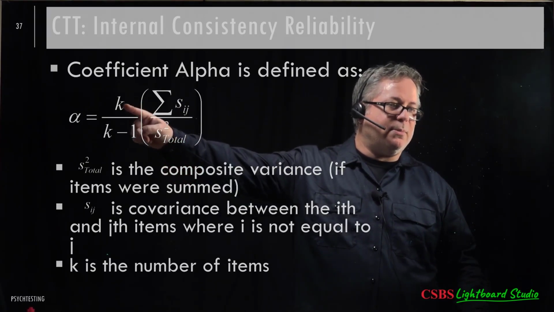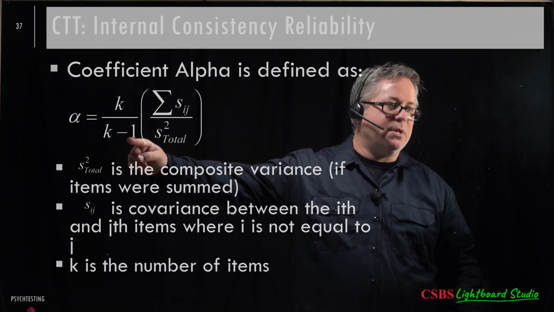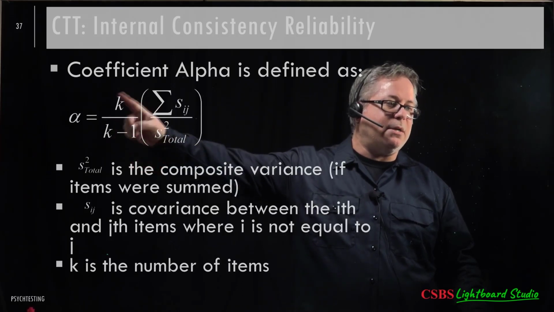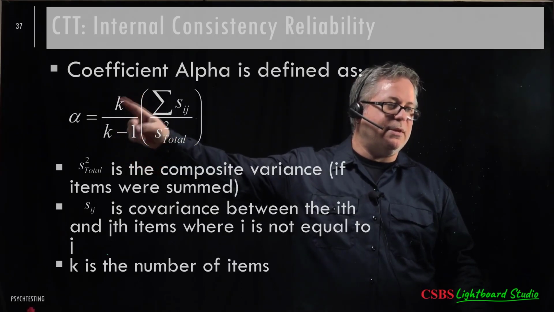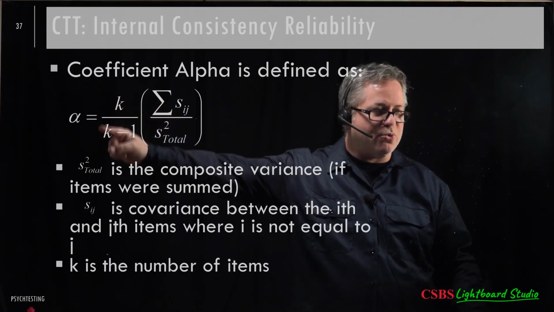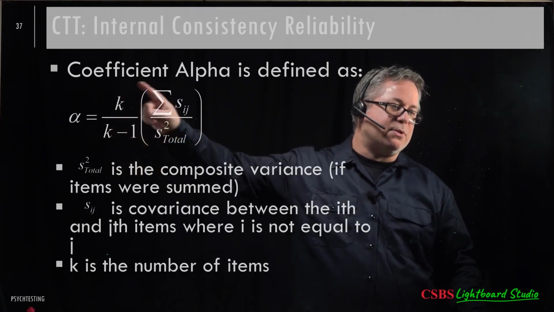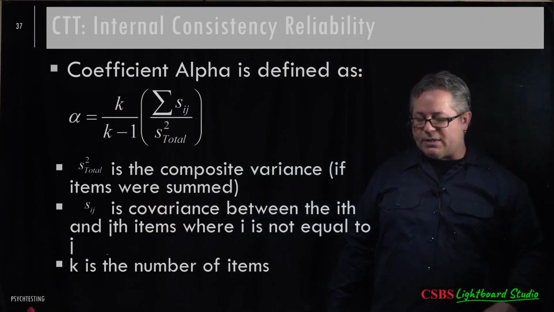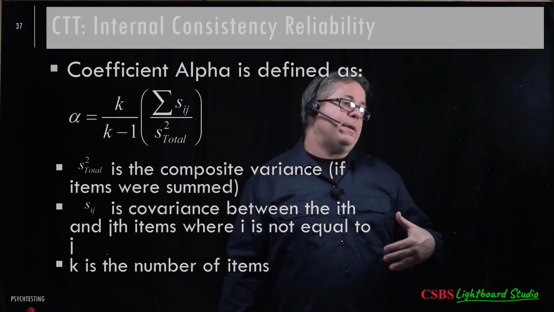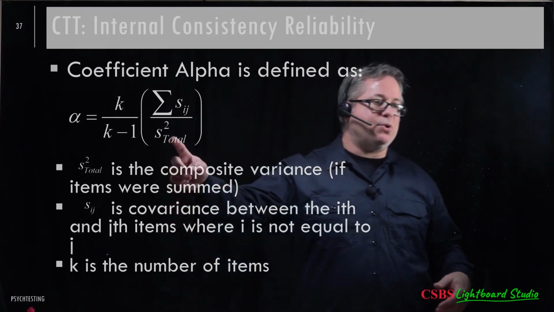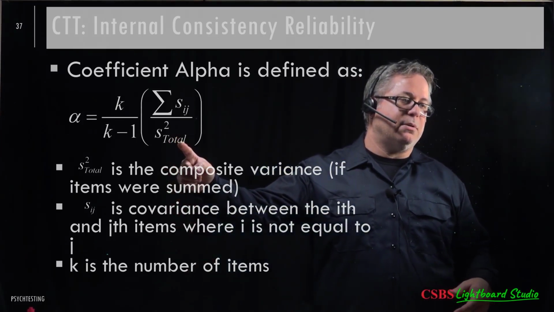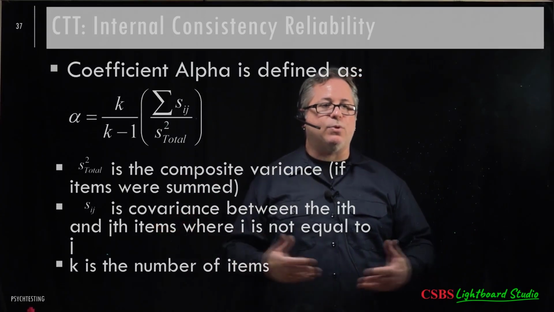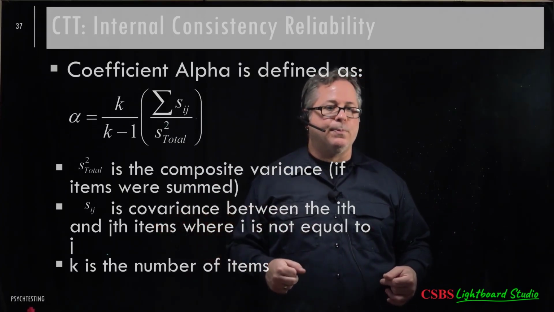So k is the number of items over k minus 1 as a way of controlling, because if you're summing up more things, you should be able to control for the fact you have more items versus fewer items. So that's basically the idea. Cronbach's alpha says the more covariance there is relative to the total composite variance, the more reliable those items are, the more internally consistent they are.